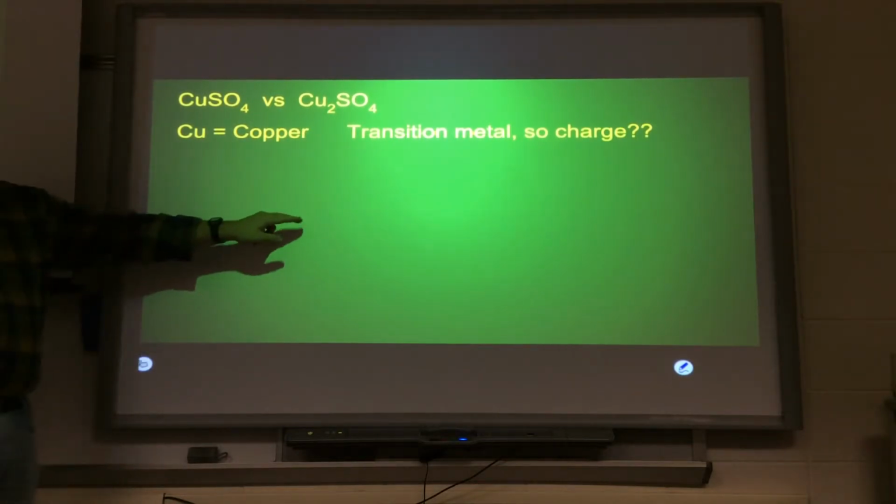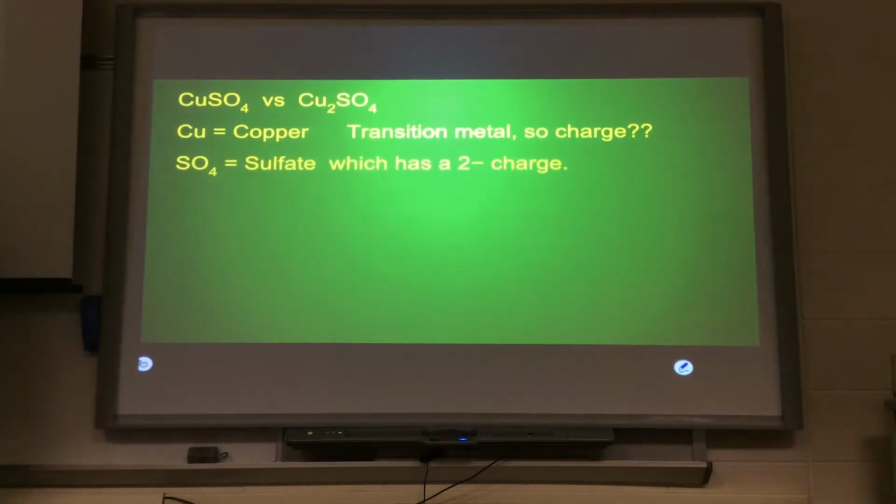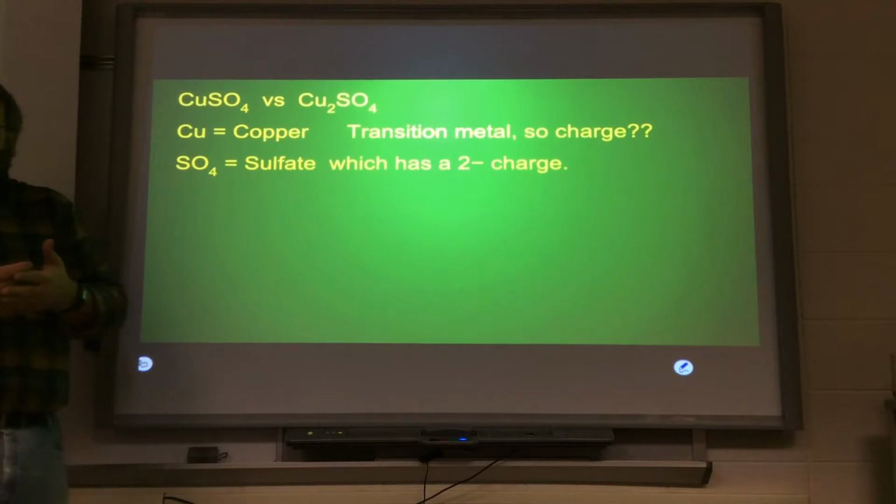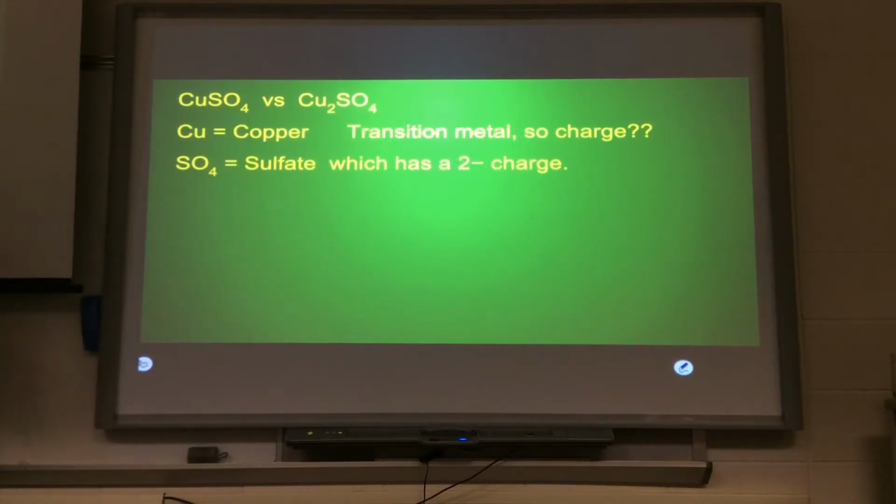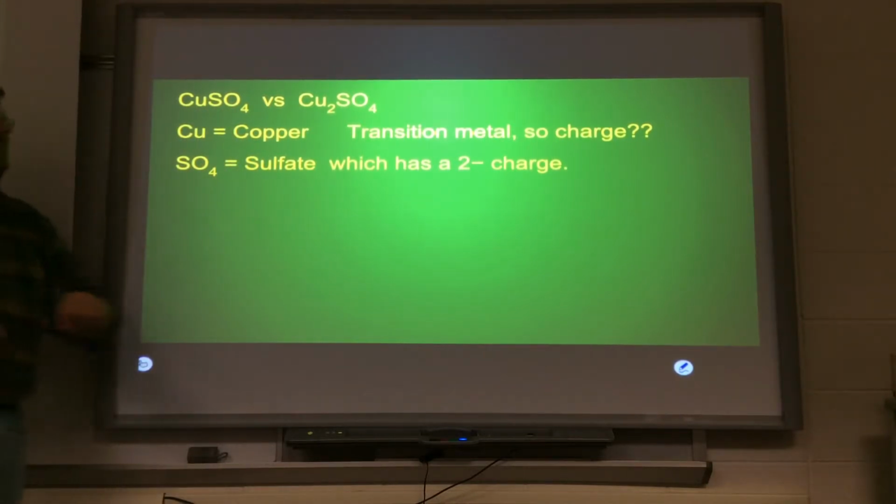So how do we figure it out? We use our anion. So we know this is combined with SO4. That's easily recognized. That's a polyatomic ion. One of the ones you should have memorized eventually, hopefully soon. SO4's got a 2- charge. Sulfate's got a 2-.